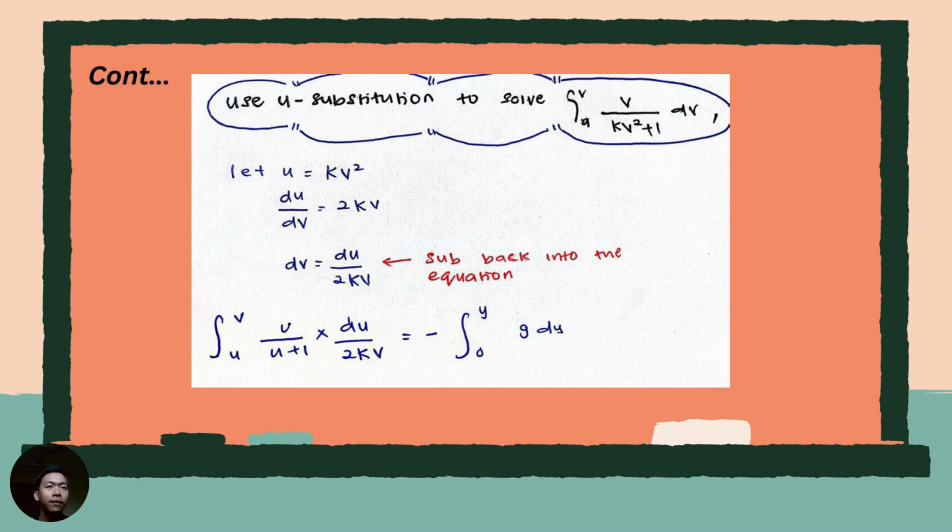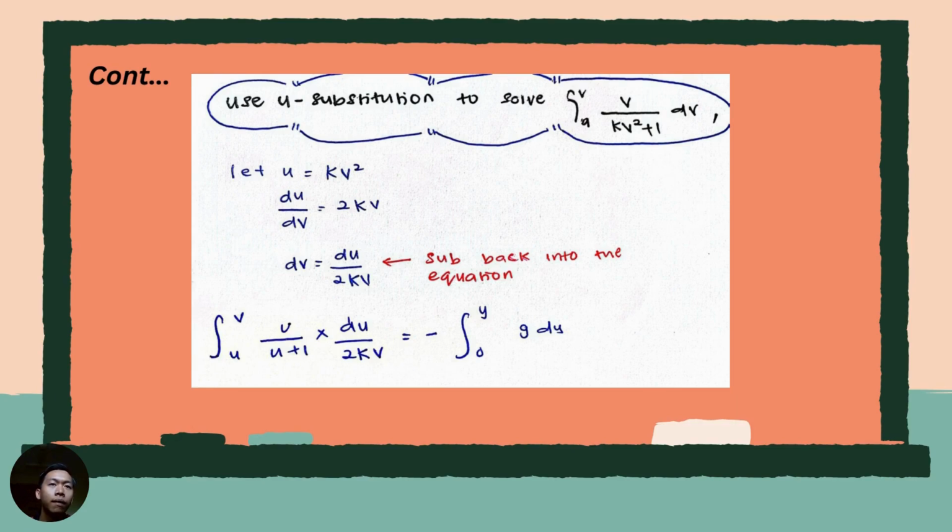So next, dv is equal to du over 2kv. So this dv we will substitute back into the equation.